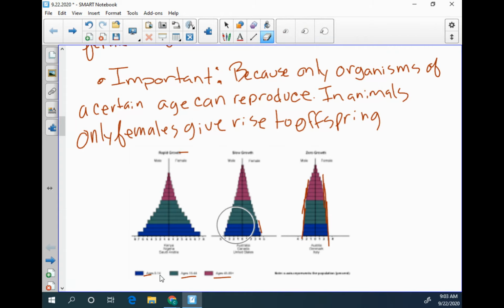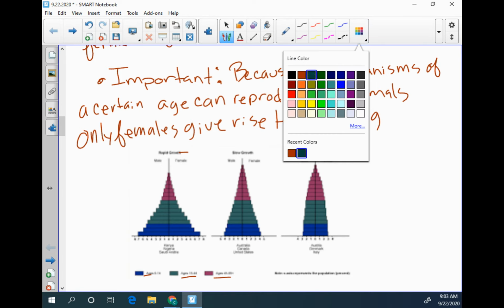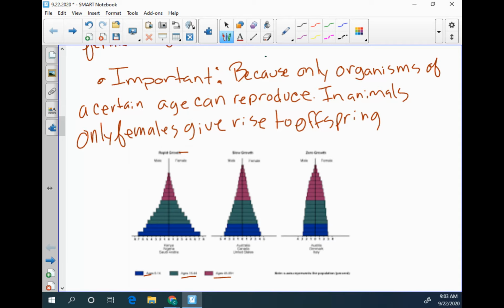So this is really important when studying populations, bless you, to help make predictions about how that population will change over time. That helps us determine growth rate, which is what we're going to talk about next.